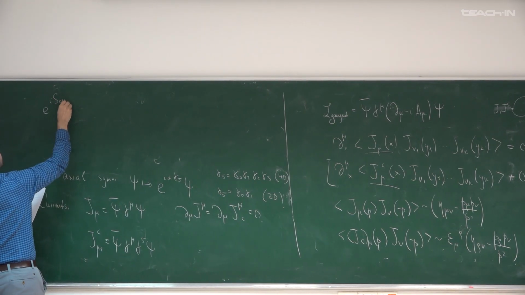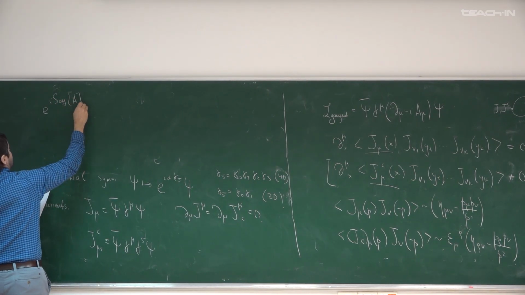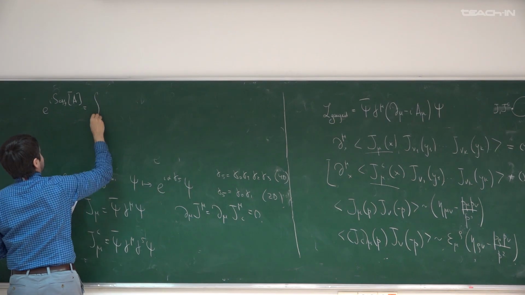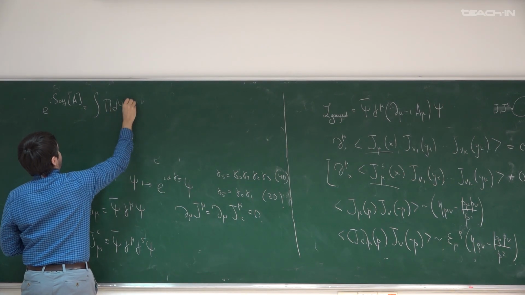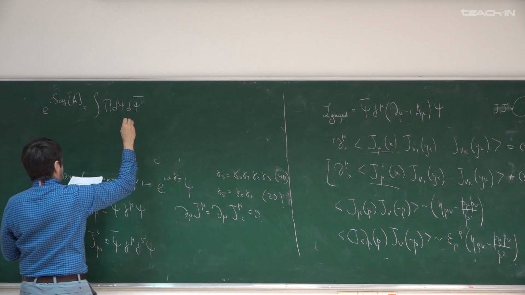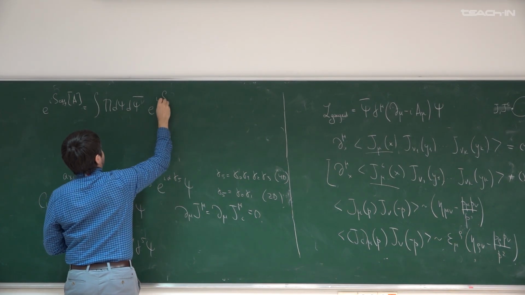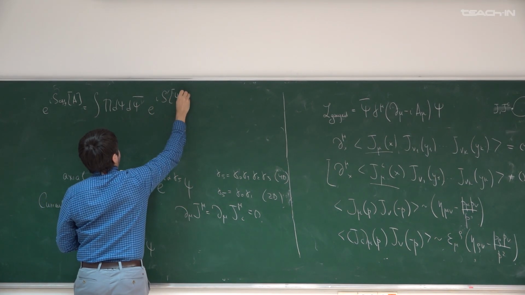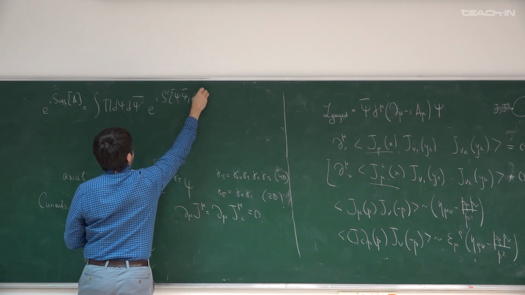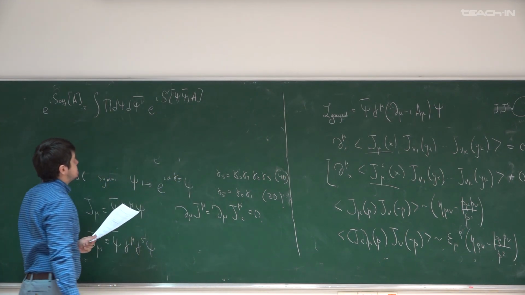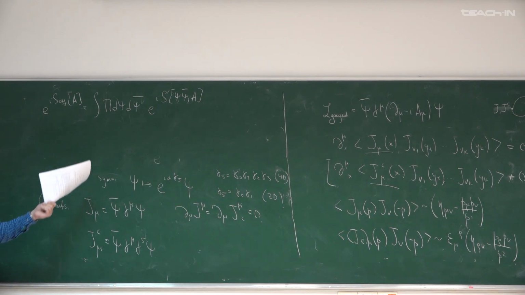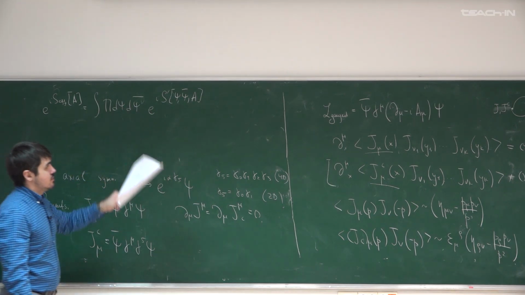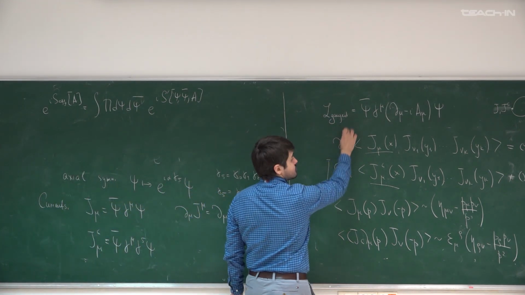It is defined as the path integral where you integrate over psi's of e to the psi bar a psi. So we compute the partition function, and this action is just the integral of this gauged Lagrangian.